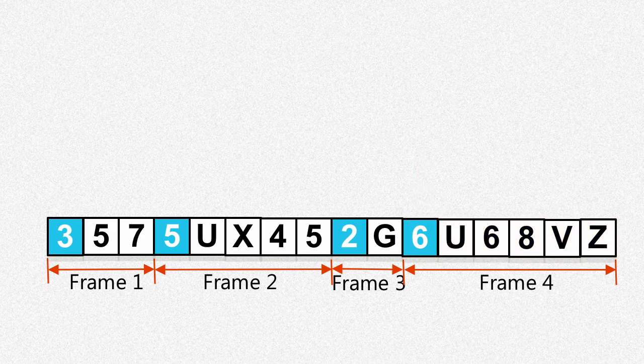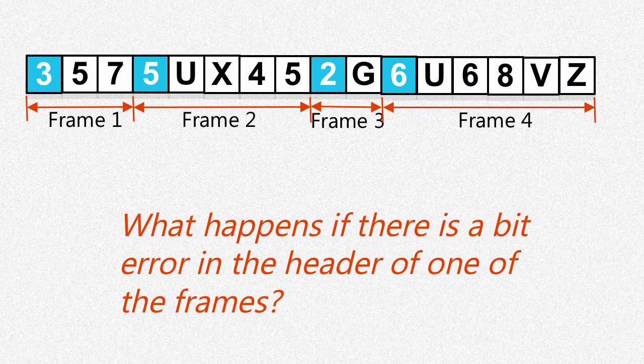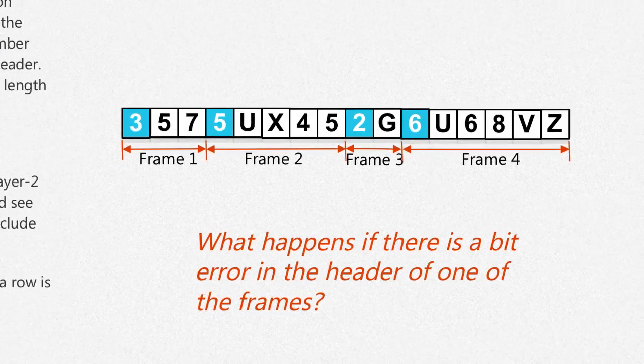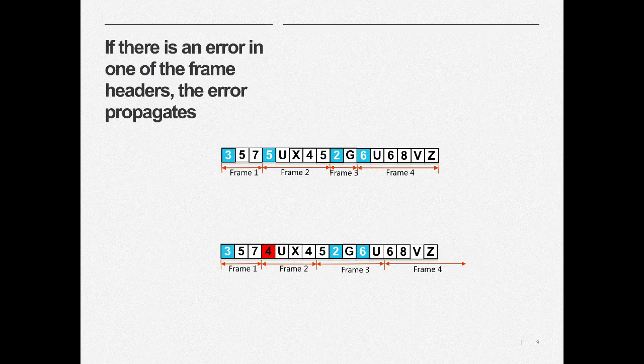But what happens if there is a bit error in one of the headers? If one of the frames, for some reason, due to electromagnetic noise or any other reason, has an error, the result is the following. Here on the top, you see the frame without errors, and on the bottom, you see an error, for example, that will make the system read the 5 as a 4 in the second frame.